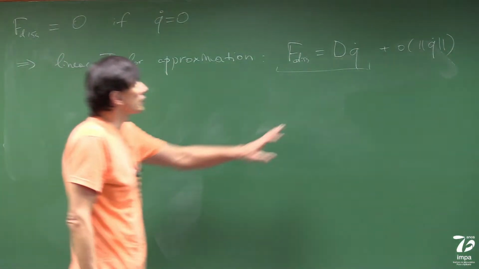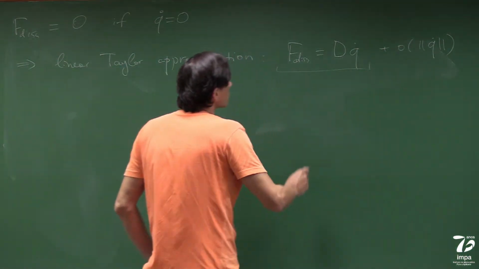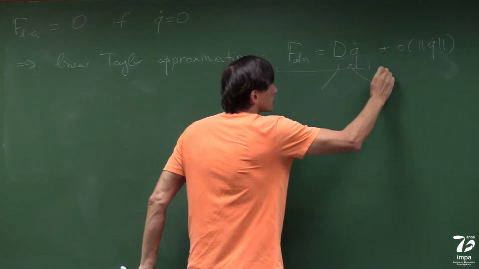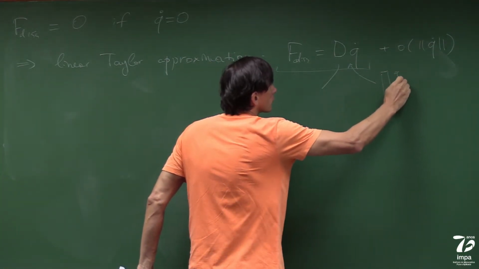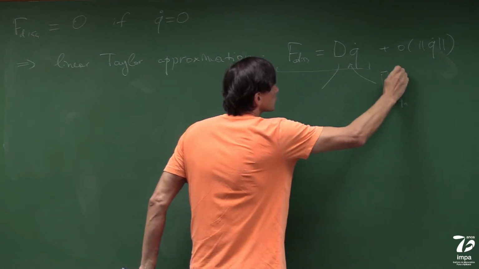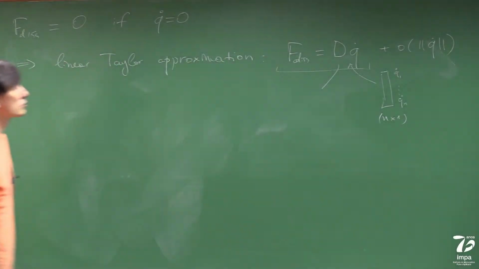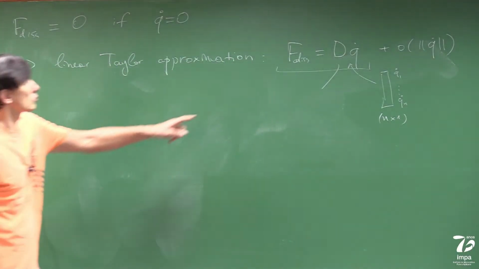You neglect the rest. So what is written here, remember q dot is a vector. It's a vector of q1 dot to qn dot. So it's n by 1, a column vector, which means that this is also a column vector.